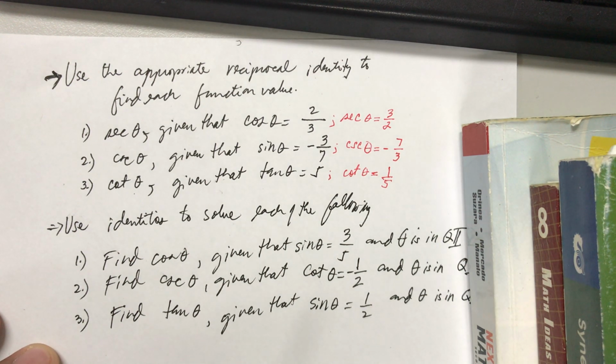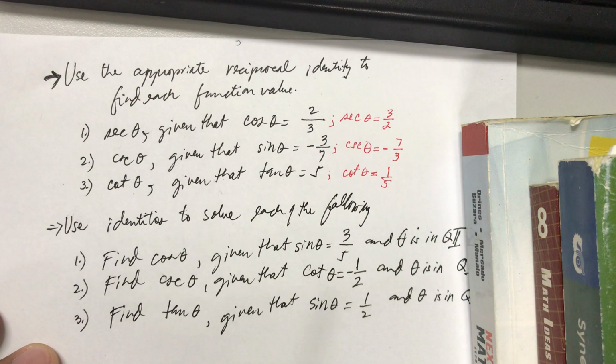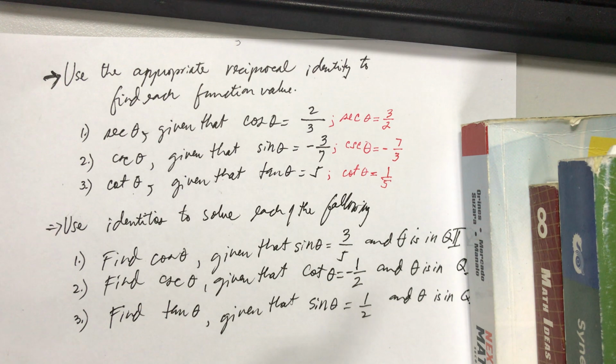Okay, number 1. You are to find cosine theta given that sin theta is 3/5 and theta is in quadrant 2. So, there's this parameter apart from sin theta, which is 3/5: we are given a condition that the angle is in quadrant 2.